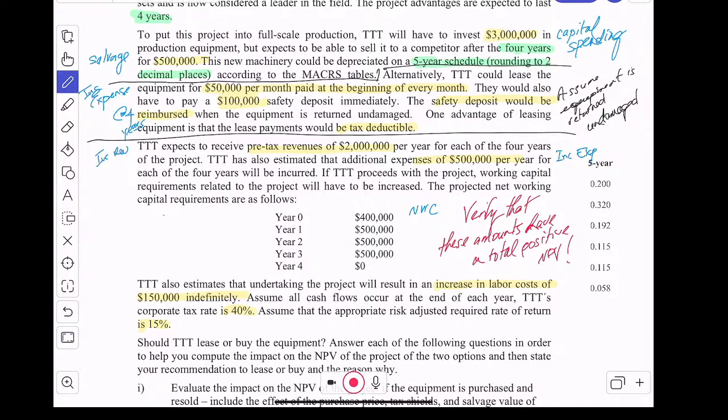And I'm going to focus on the other part. So first, let's look at the option of purchasing the equipment.